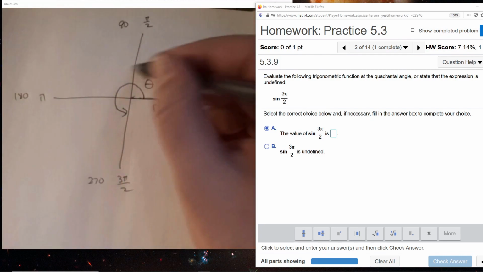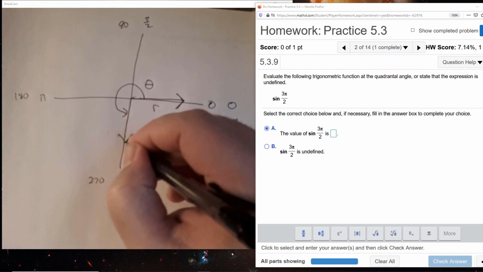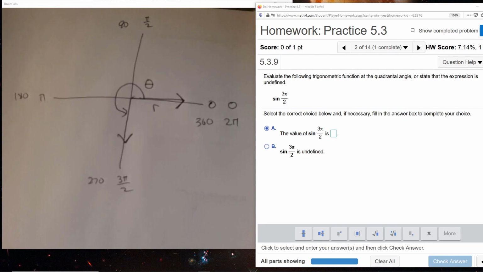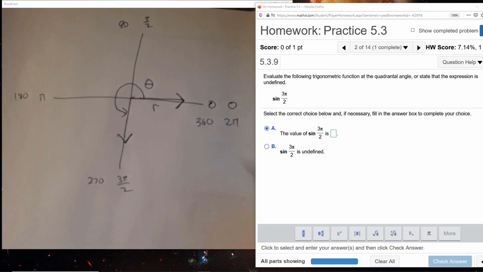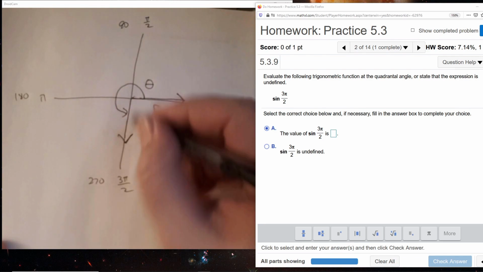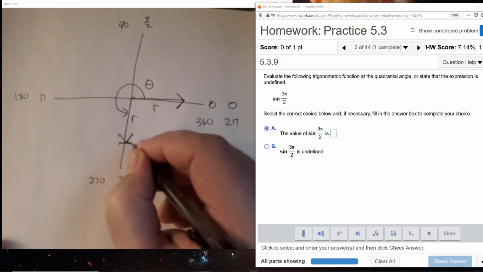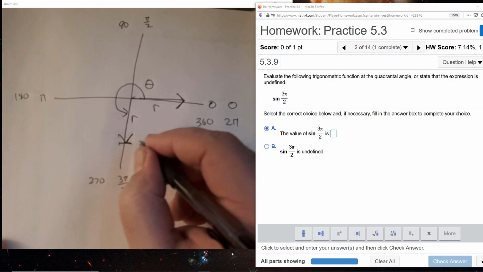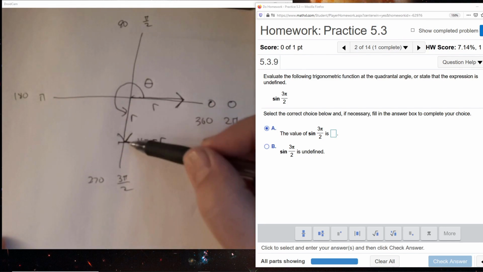So as we rotate this arrow through, it's the same length, but now it's pointing this way. And notice that there's no x component. The arrow points straight down, and it's all in the y direction. So this arrow, which has length r, must be ending at a point right here where y equals negative r, because we're in a negative number direction here.